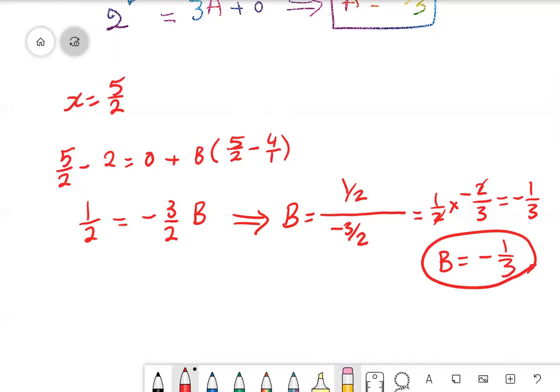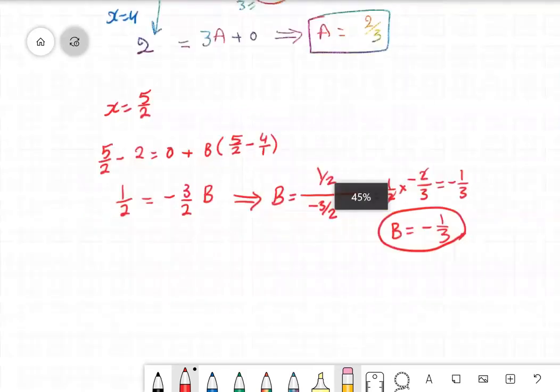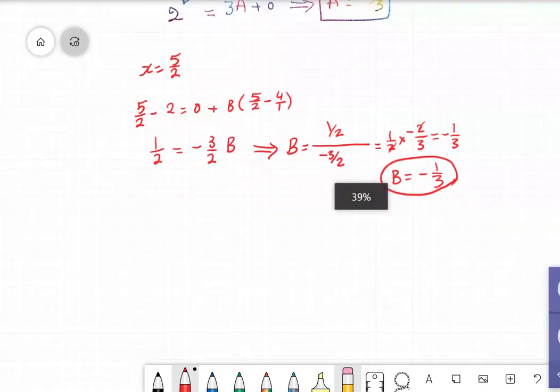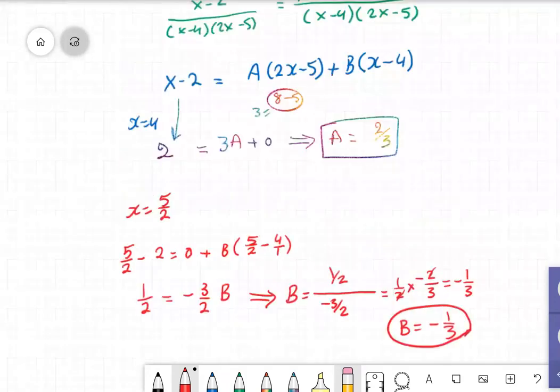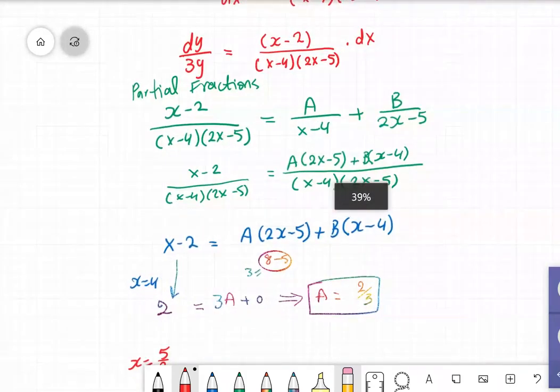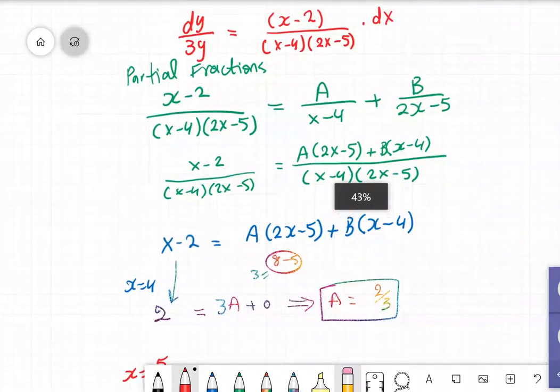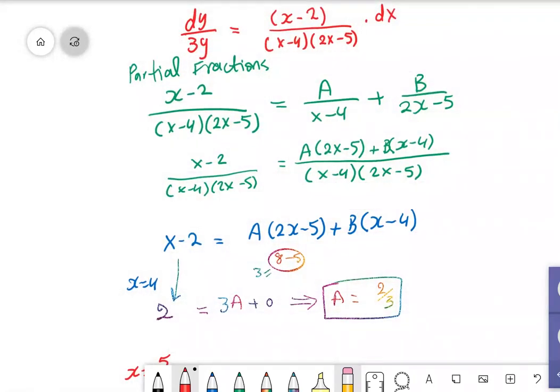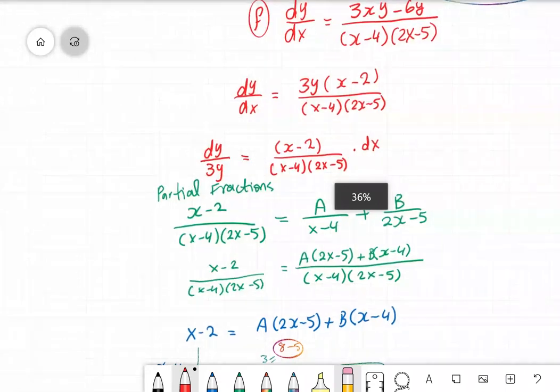Okay. Now, so we got a and b. We can put them back in the integration. So I'll substitute the values of a and b here instead of a and b in the green color. Actually in our integration.